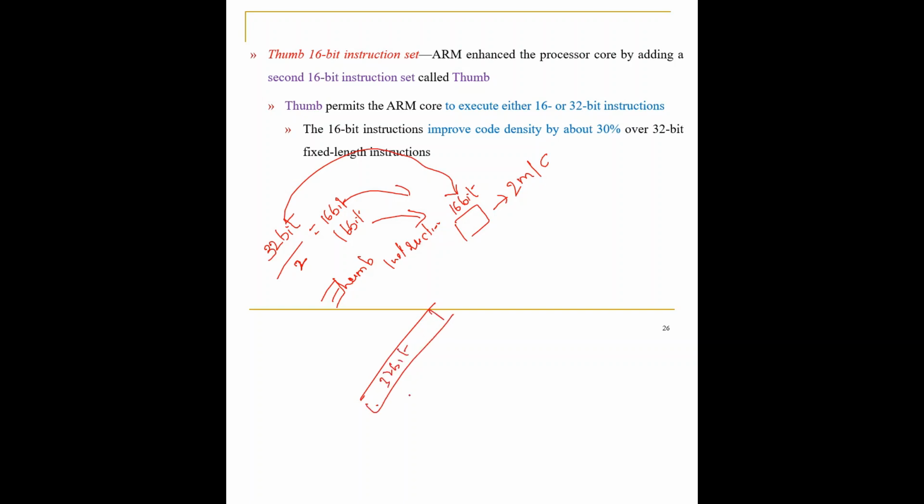If this 32-bit instruction can be converted into a 16-bit instruction, code density has improved. So the thumb instruction set is one additional instruction set introduced by ARM in order to reduce the instructions to 16-bit. Almost all the instructions are reduced to 16-bit, thereby reducing the code size.